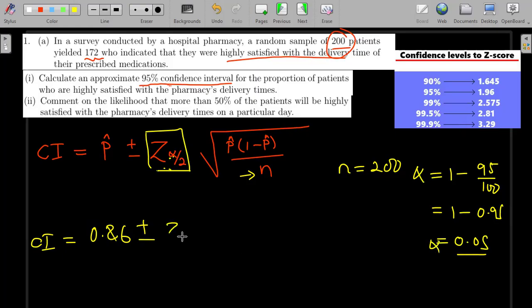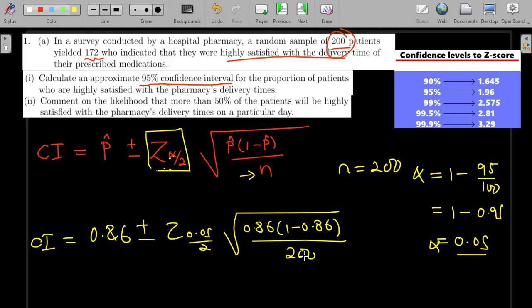So here I'll write z at alpha over 2, where alpha is 0.05 divided by 2, and then the square root of the proportion, and in the brackets 1 minus the same proportion, divided by 200. This is what I have. Since this alpha came from the 95% confidence level, we're just going to replace it with 1.96.